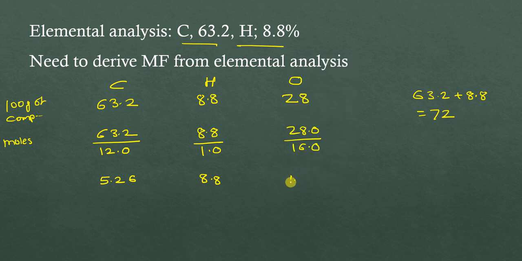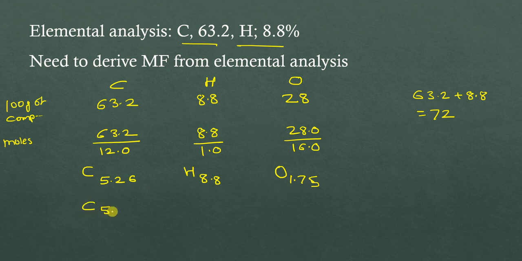I'm writing this, 1.75. So these are the moles of carbon, hydrogen and oxygen. Now we'll take the smallest number and divide all these numbers by it.